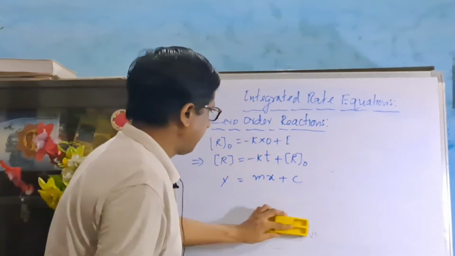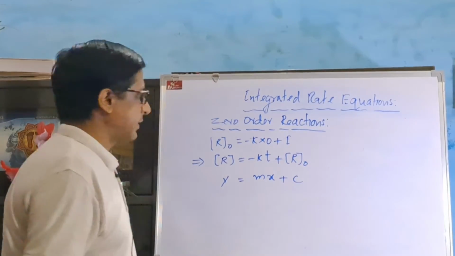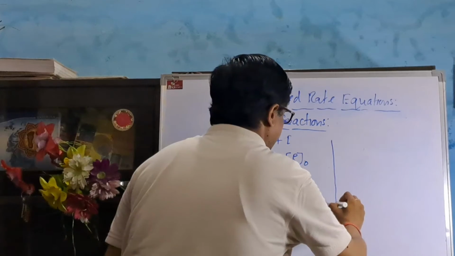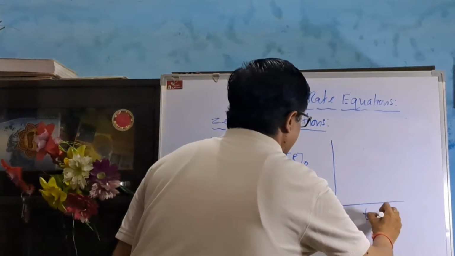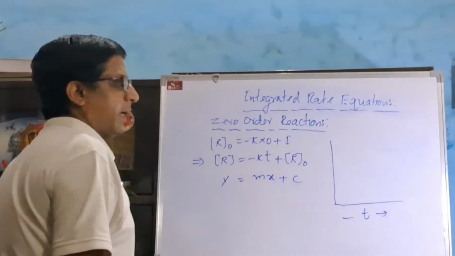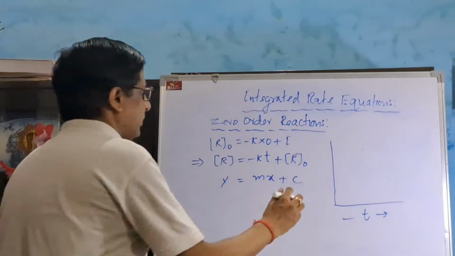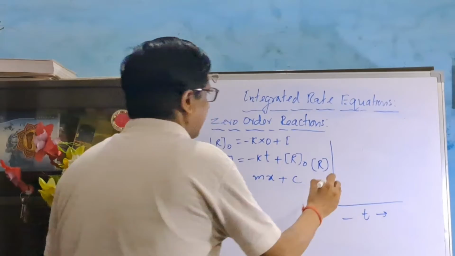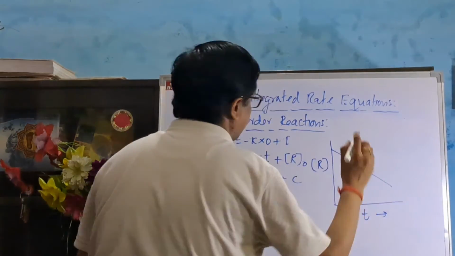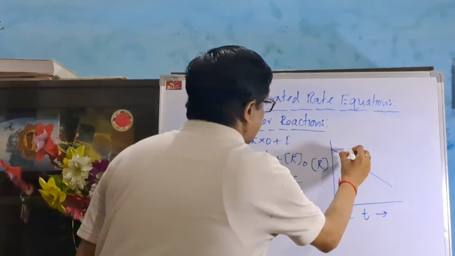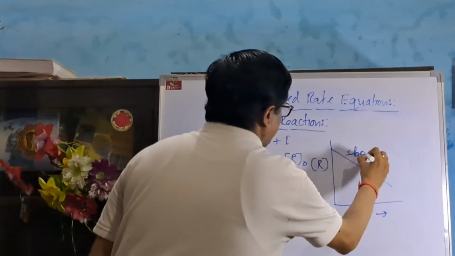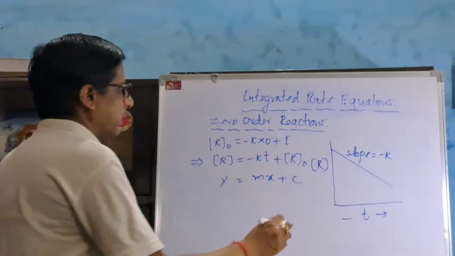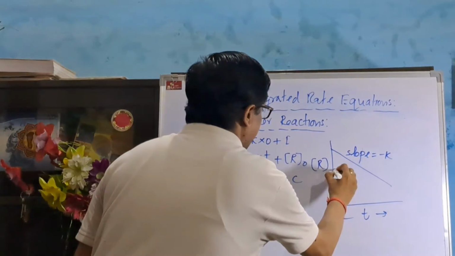Now if we plot time on the x-axis and concentration R on the y-axis, then a straight line is obtained. The slope of this straight line is equal to minus k and the intercept is equal to R0.